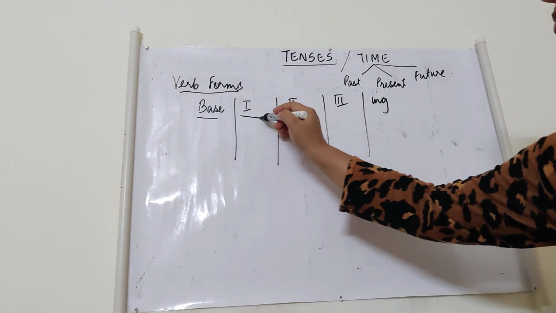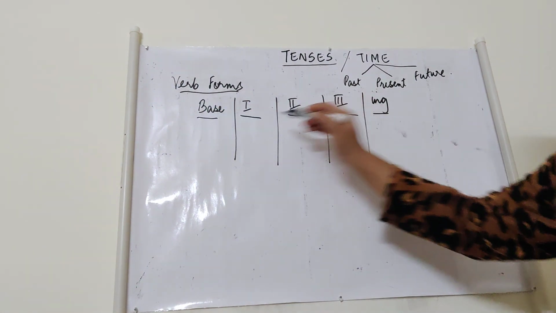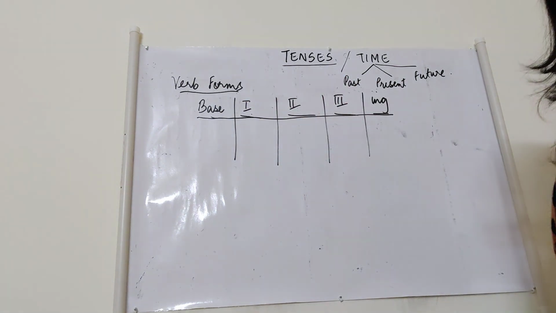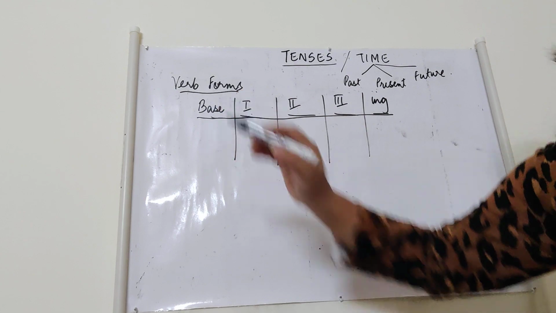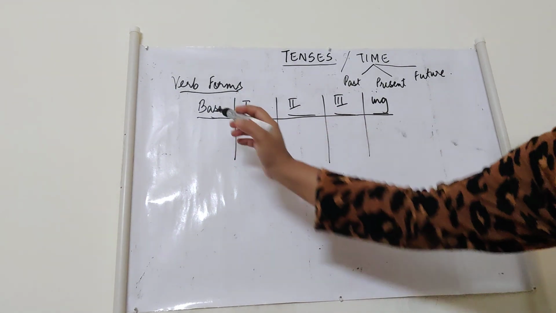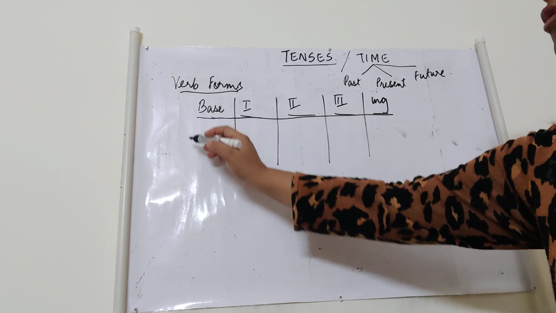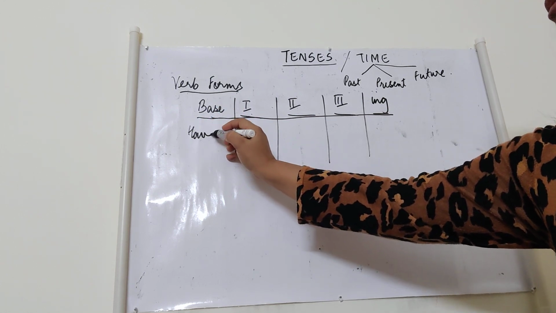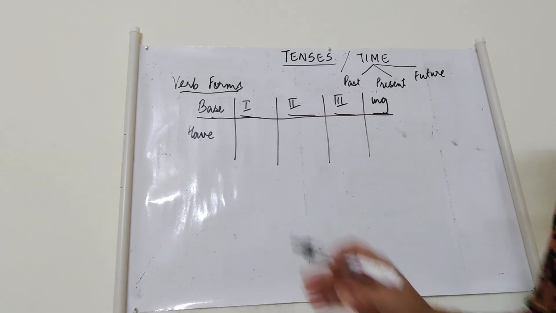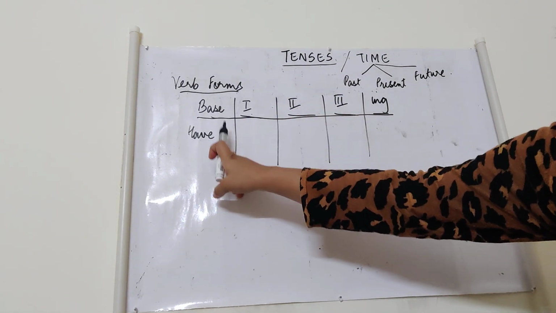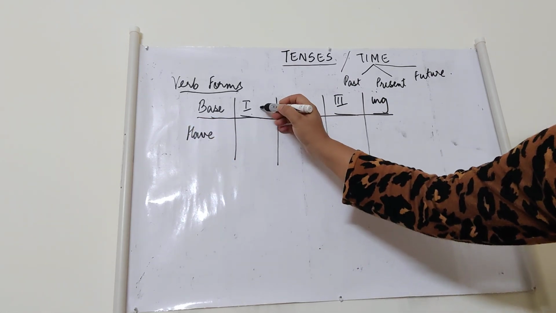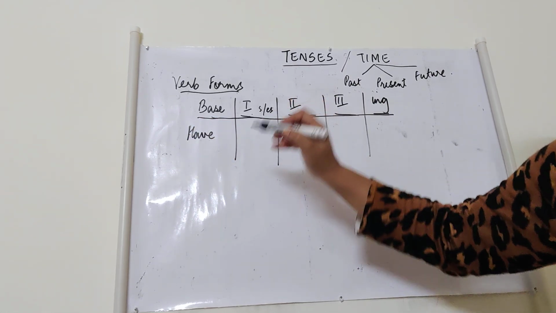Like I have said, base form. Now I will be telling you what is the difference between the base form and the first form. Okay, now the base form is also called the root form of the verb, and it is the verb itself. For example, if I take the verb have, the base form of have or the root form of have is have only, whereas the first form is made by using s or es.